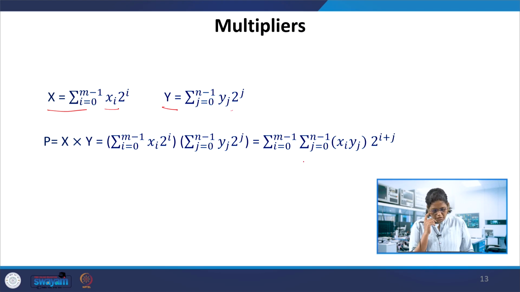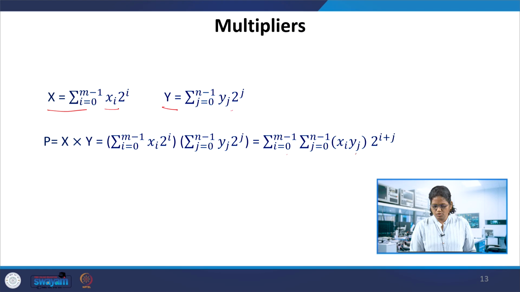So here we can have the product of the two: the summation of i from 0 to m minus 1 of x_i 2 power i, times the summation of j from 0 to n minus 1 of y_j 2 power j. Combining them, this is the summation of x_i y_j 2 power i plus j.